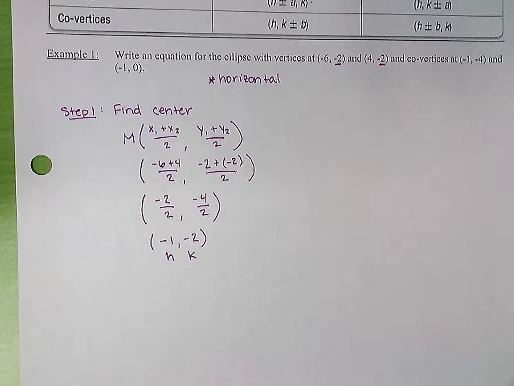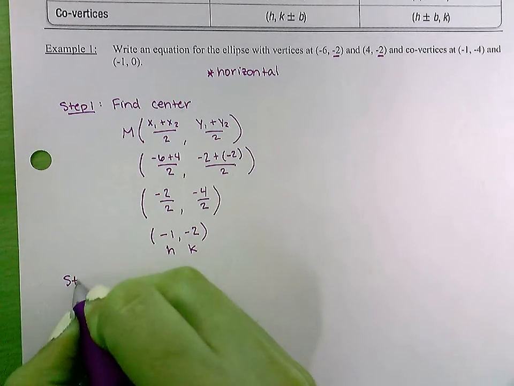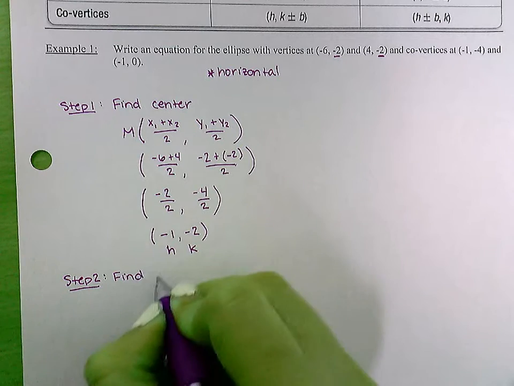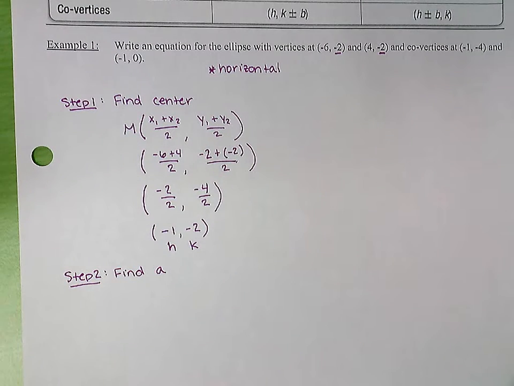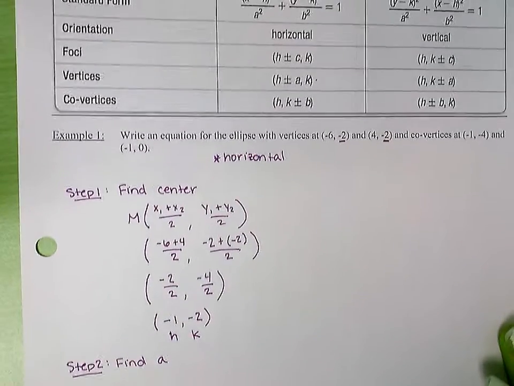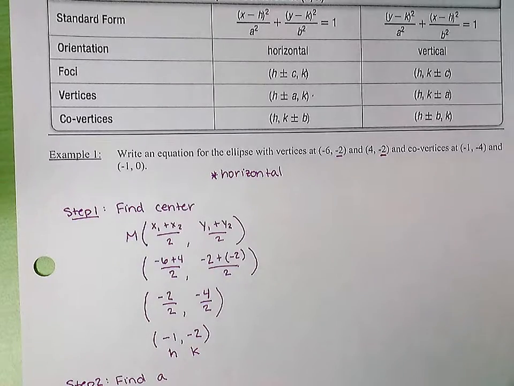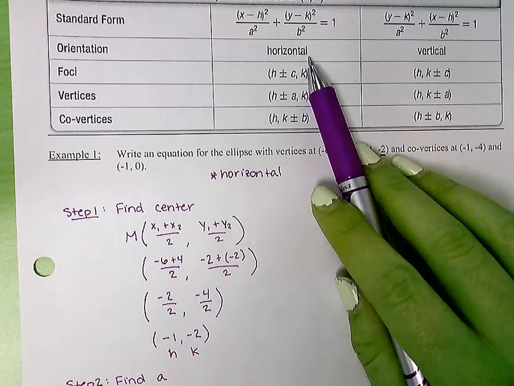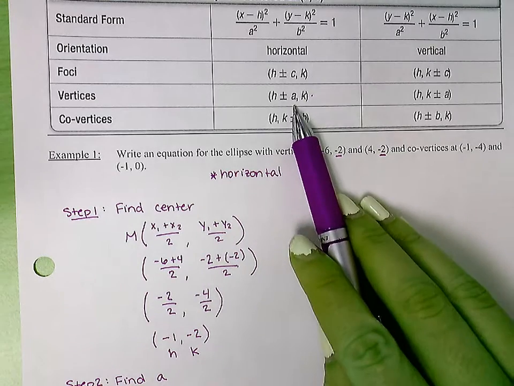Now in order to write my equation in standard form, I still need a and b. So step 2 is find a. Now to find a, if I look back up here at my chart, since I'm working with horizontal ellipses, I'm going to look for a.